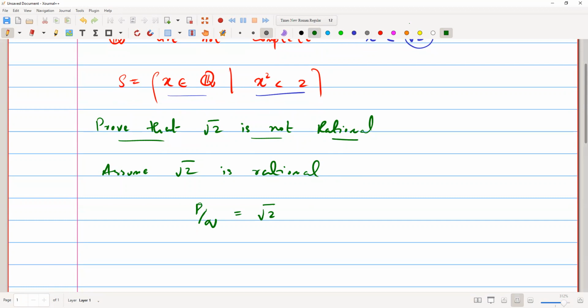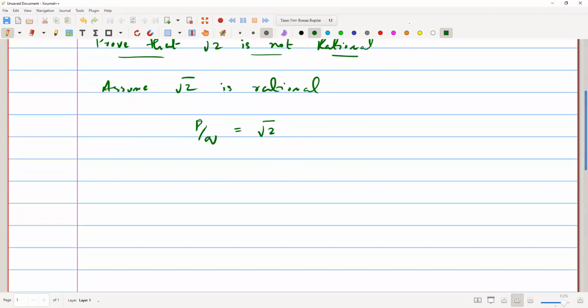So p over q is equal to square root of 2. If we square both sides, p squared over q squared equals 2.